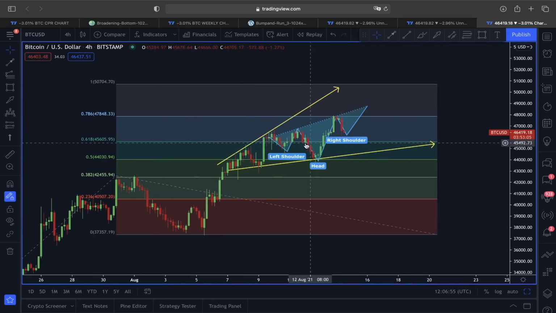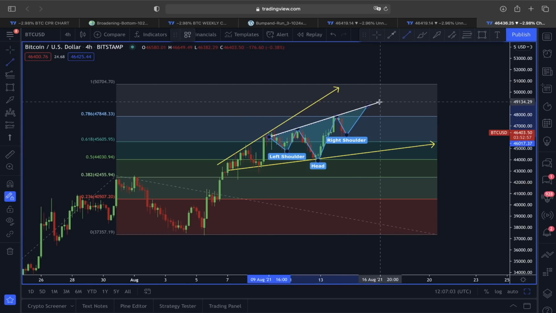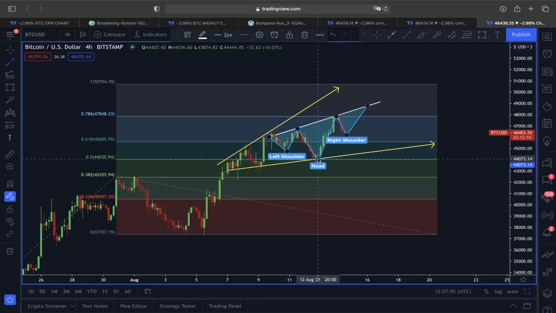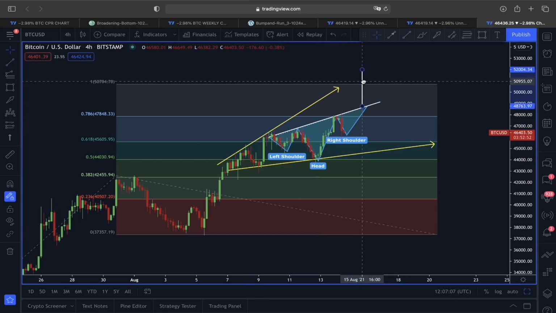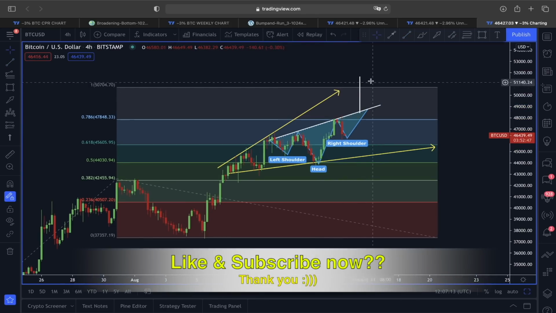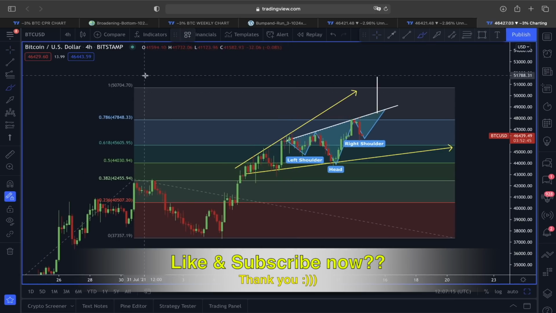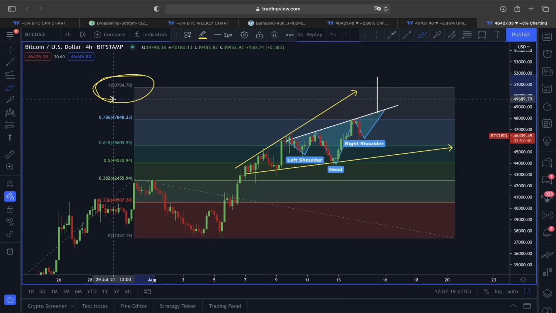So if there is going to be support around this 0.618, right, then we could be forming this right shoulder. And once we start this move here again to the upside, then the price of Bitcoin could turn very, very bullish. We could clearly see the approach towards this 100% Fibonacci extension line, and this 100% Fibonacci extension line is also lying around the 50,700 price area.